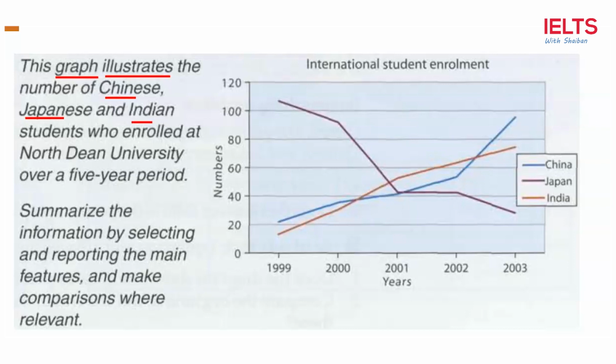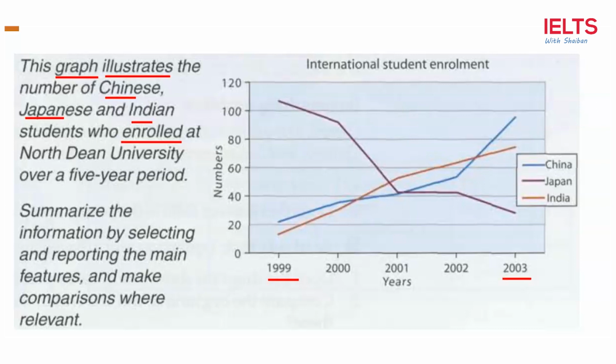Who enrolled at Northern University. For example, if you don't know the meaning of the word enrolled, you can keep it as it is. Or you can say who got listed. So if you don't know the meaning, just keep it and don't even change it. Over a 5-year period, there is a very nice technique here. If you look at the chart, we have over a 5-year period. So you can see 1999, 2003.